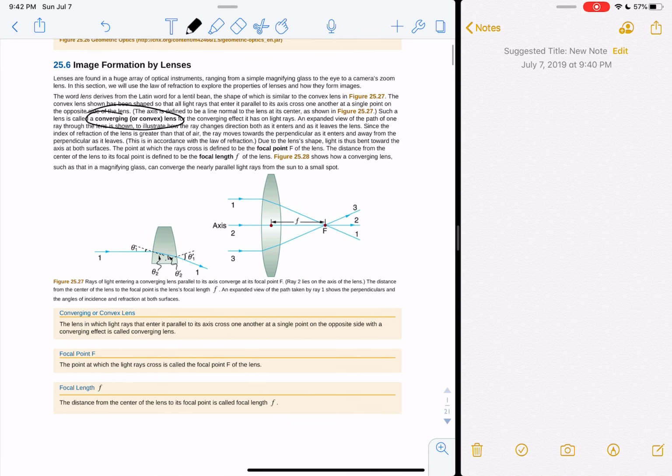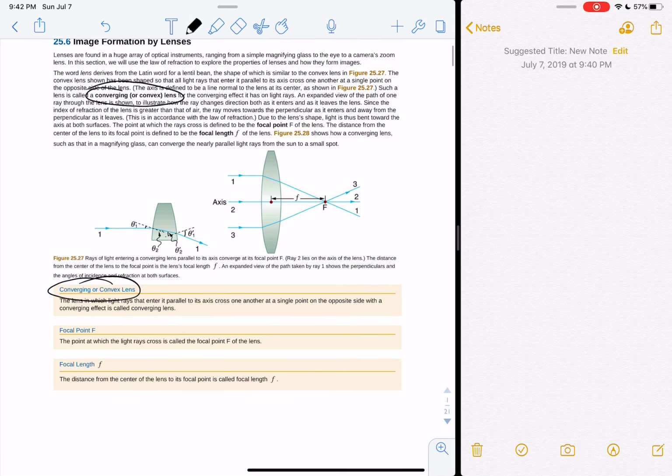So there's a couple key vocabulary points with a convex lens or any lens. So first of all is the type of lens. So this is a convex lens or a converging lens. The focal point is the point where the rays will converge, and that were parallel rays. When the rays come in like this, they're going to cross at that point, and that point is called the focal point.